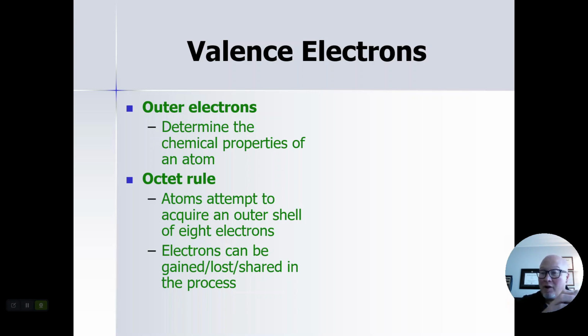But an atom is most stable when it has a full electron shell, and that full outer shell is going to hold 8 electrons. Hence the octet rule. So atoms are most stable when they have 8 electrons in their outermost shell. They could either gain or lose electrons in order to get there.